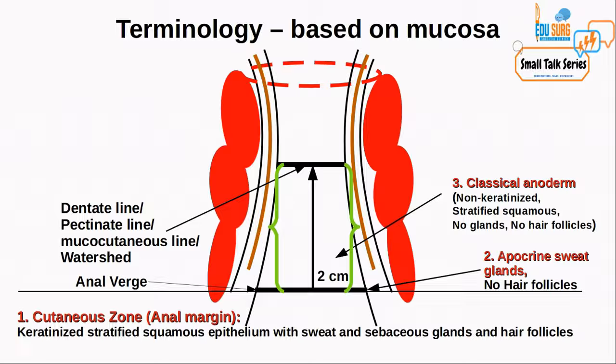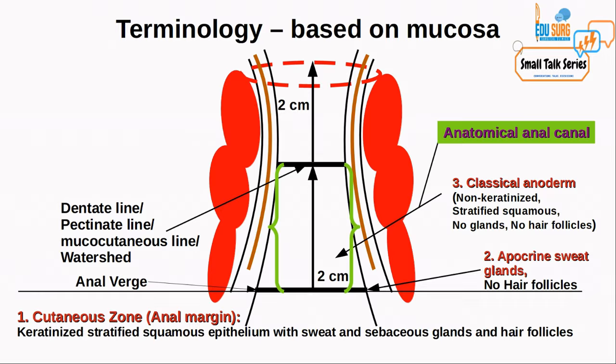So now if you see, the anal verge separates 1 from 3, and that is why it is known as the anocutaneous line, right? So the anal verge or anocutaneous line, and the 2 centimeter area roughly above the anal verge contains the classical anoderm. Above the dentate line, 2 centimeters is the columnar epithelium, which is the colorectal type.